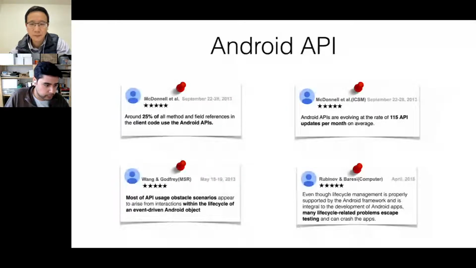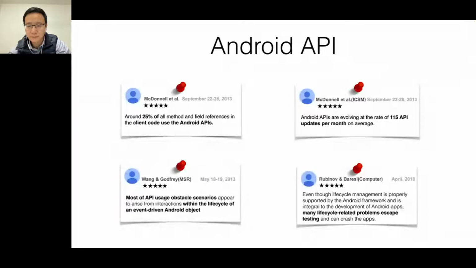A study that analyzed the discussions on Stack Overflow found that the biggest challenge is using the APIs within the lifecycle of an event-driven Android object. This is unfortunately a big problem because current verification and validation practices fail to detect many lifecycle related problems that can cause apps to fail.